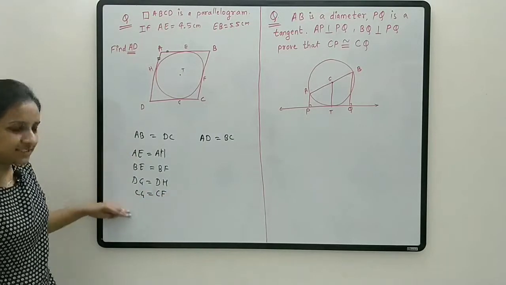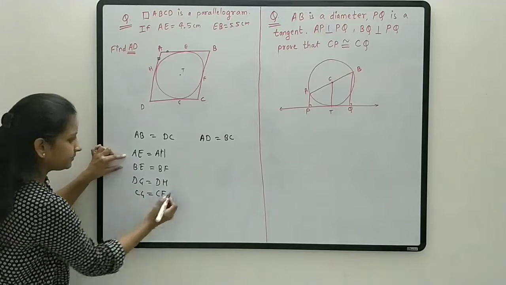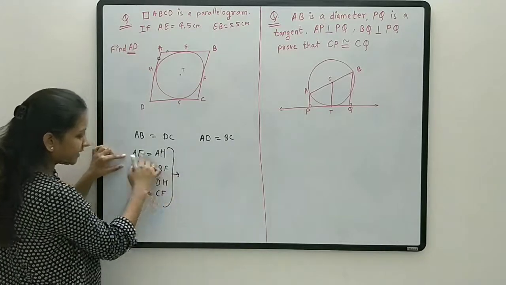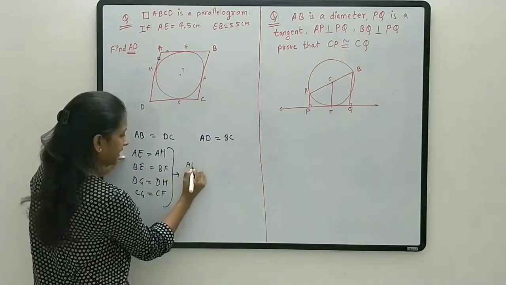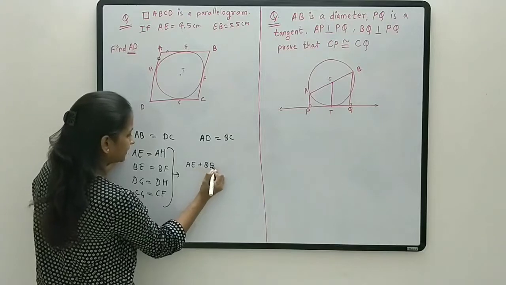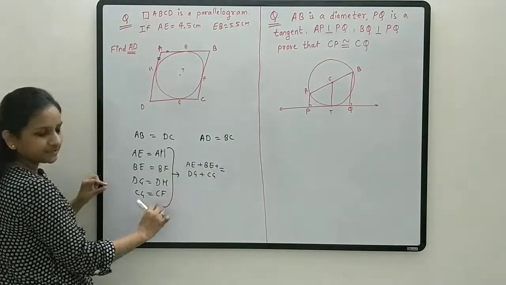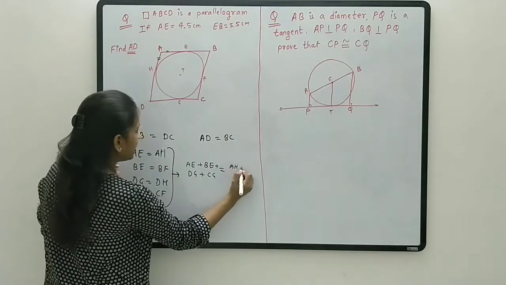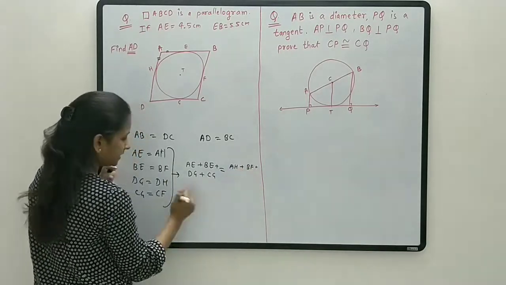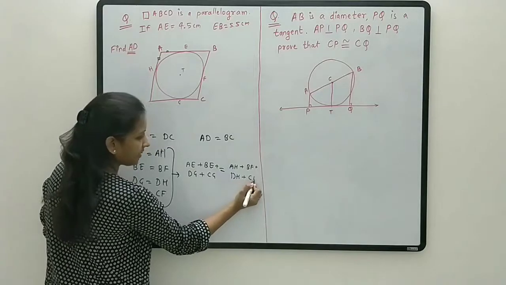Let's add these. I am adding the LHS, so we get AE plus BE plus DG plus CG is equal to the RHS, AH plus BF plus DH plus CF.